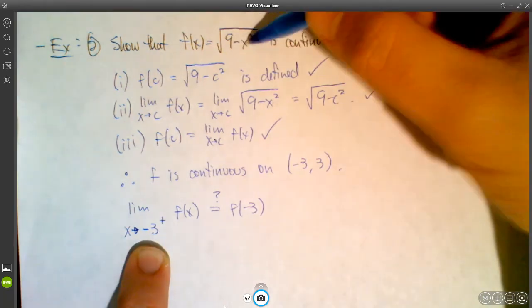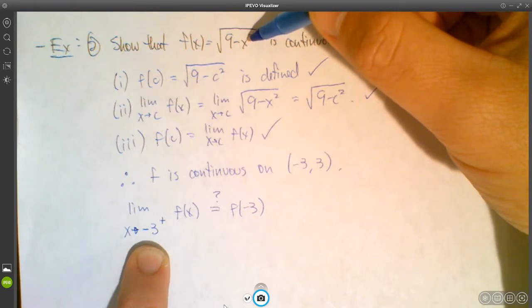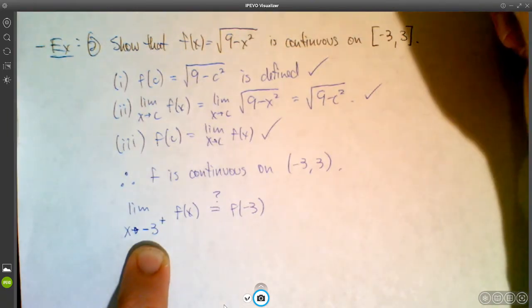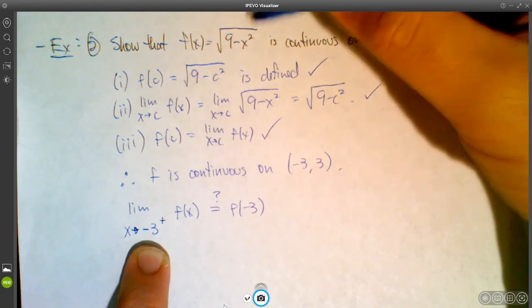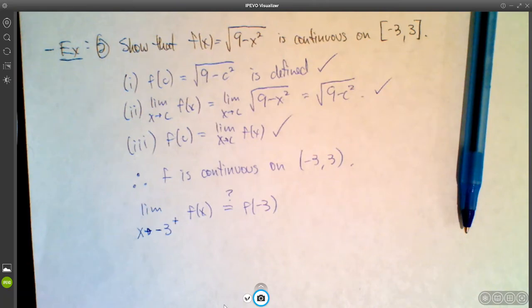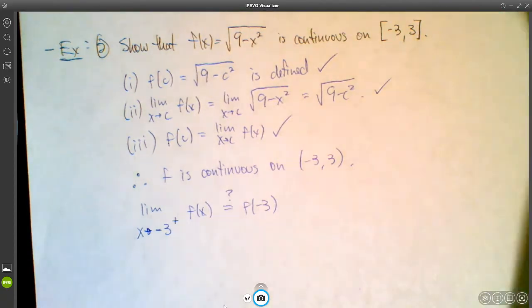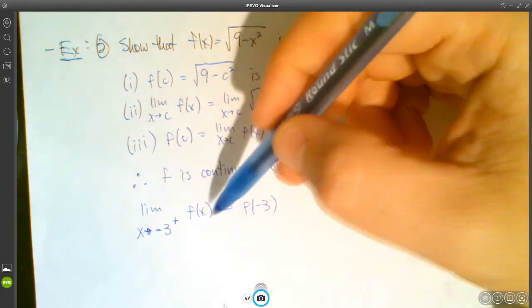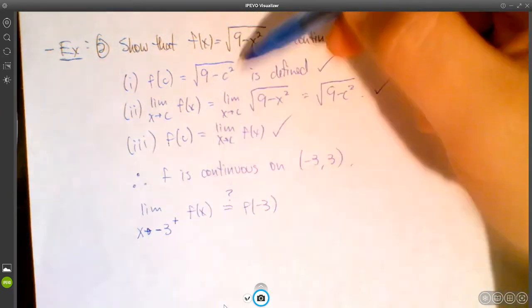If I plug in something a little closer to -3, like -2.5, -2.5 squared is 6.25. 9 minus 6.25 is 2.75, right? And the square root of 2.75 is, you know, something like 1.7-ish. So the value is decreasing for sure.